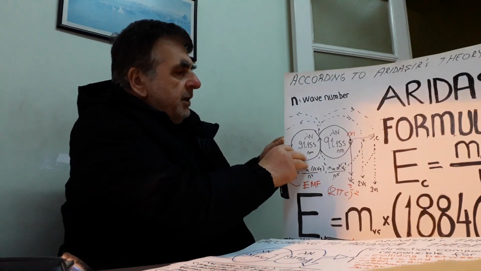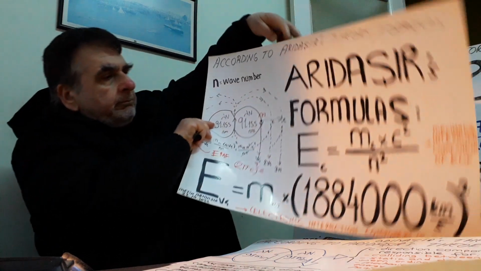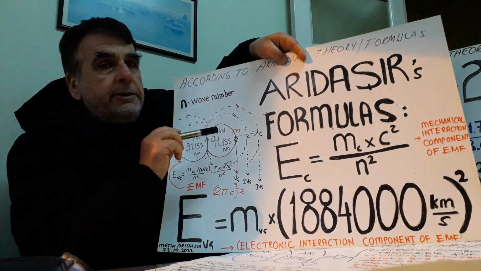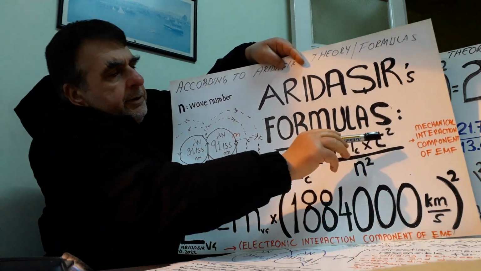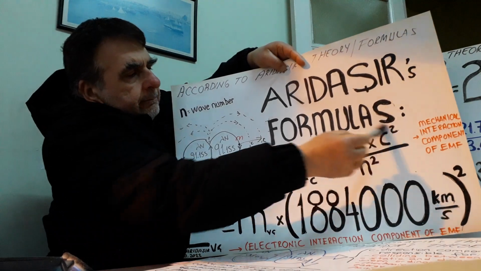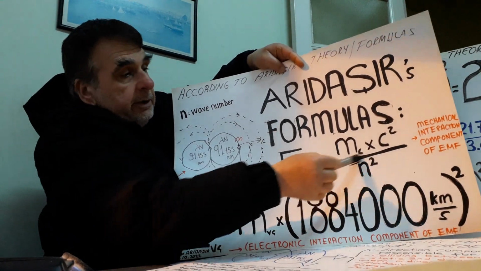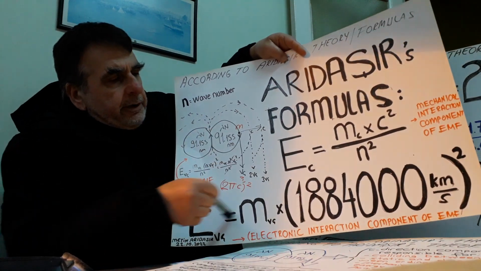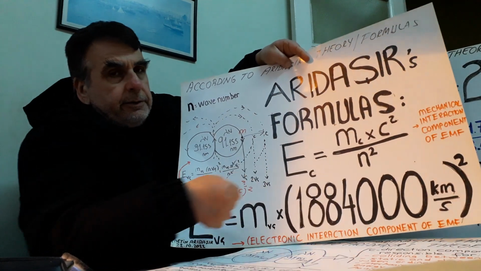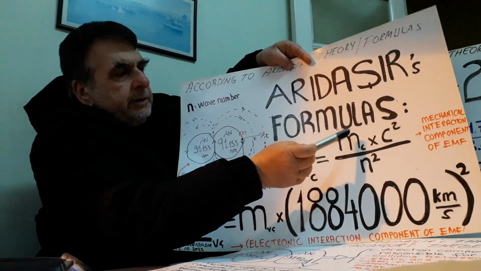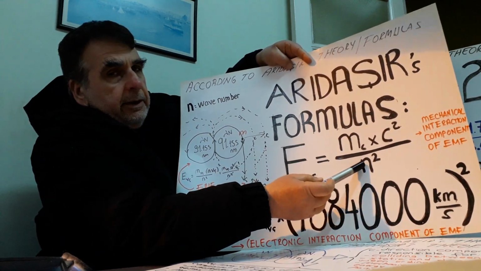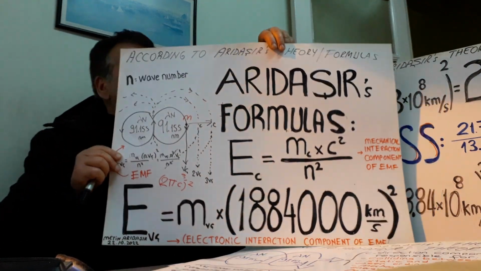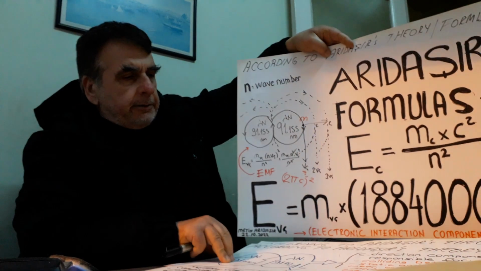This is my formulas about them. This is the C component, speed of light component, energy formula that I put forth, squared divided by. Here, the linear velocity component energy formula. This is constant. Okay? This is variable relative to wave number. Snapshot. Okay.